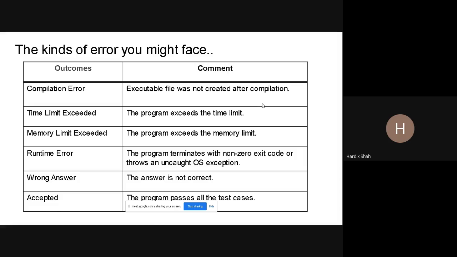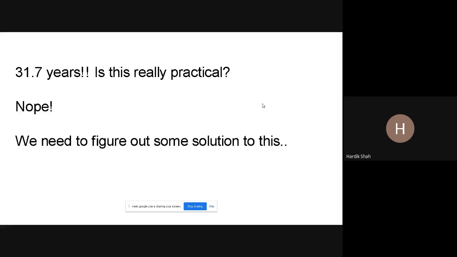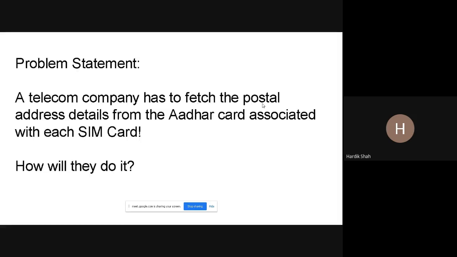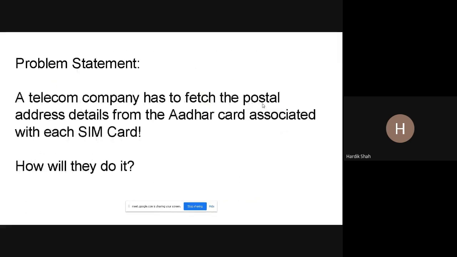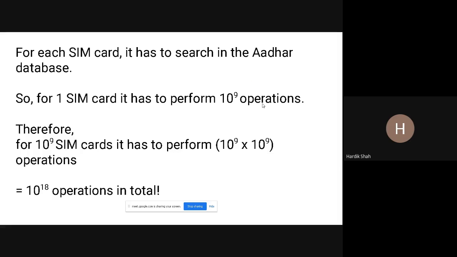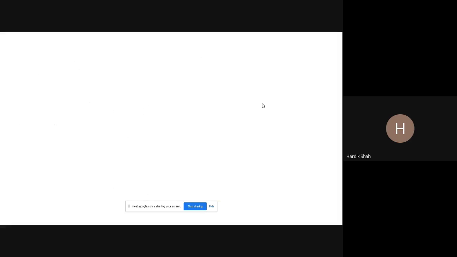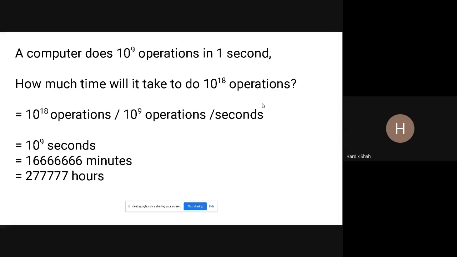So if we are given this problem statement again, and we are told to devise an algorithm that runs in a single second, this algorithm won't run because it takes about 31 years, right? So if you use this solution to that problem, you would be given a time limit exceeded error.